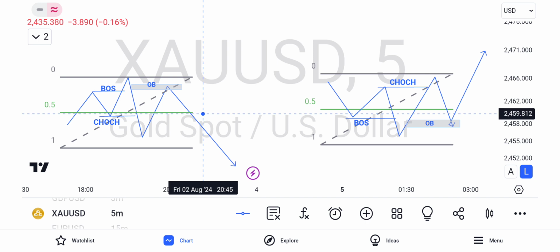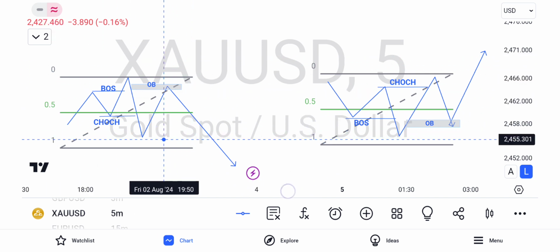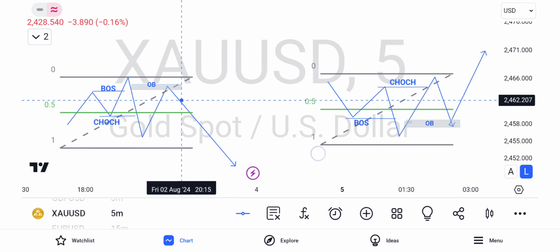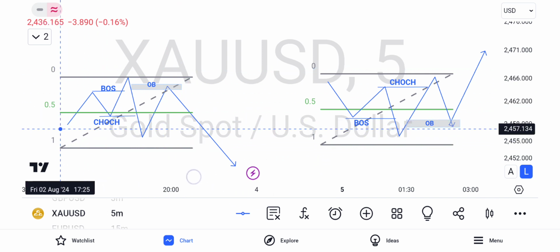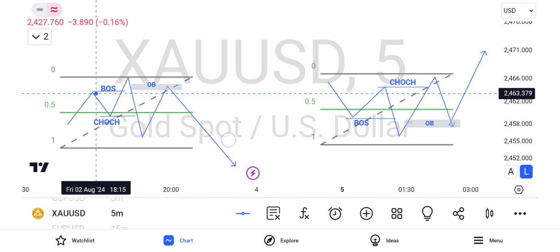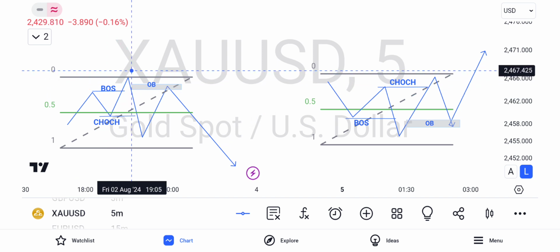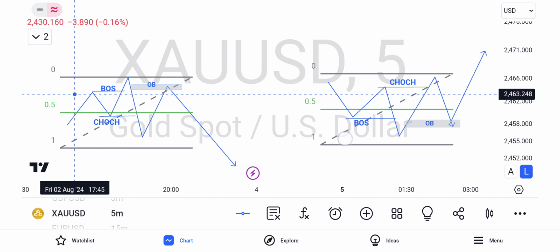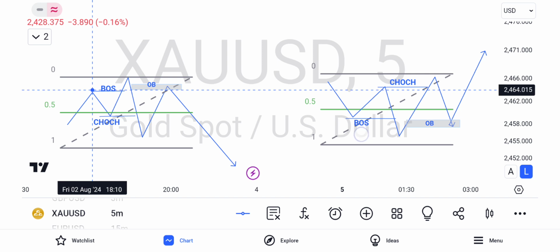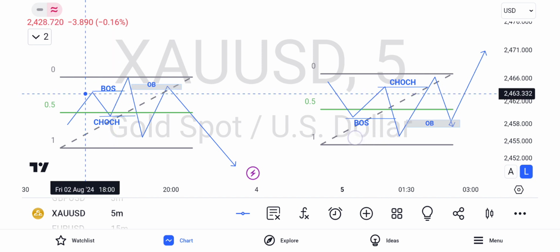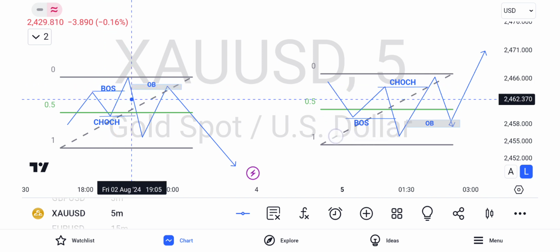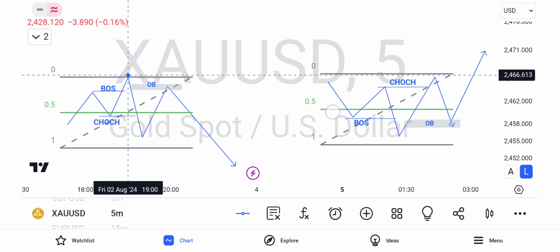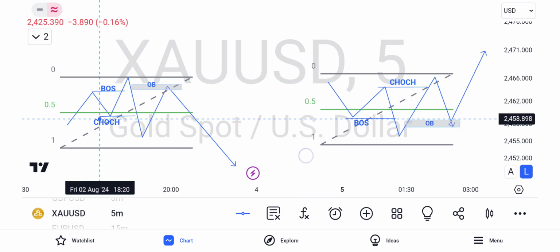Usually our first step is to notice an impulsive move from this axis down to this point at a higher time frame, then you go down to a lower time frame and look for a break of structure, and then a change of character.